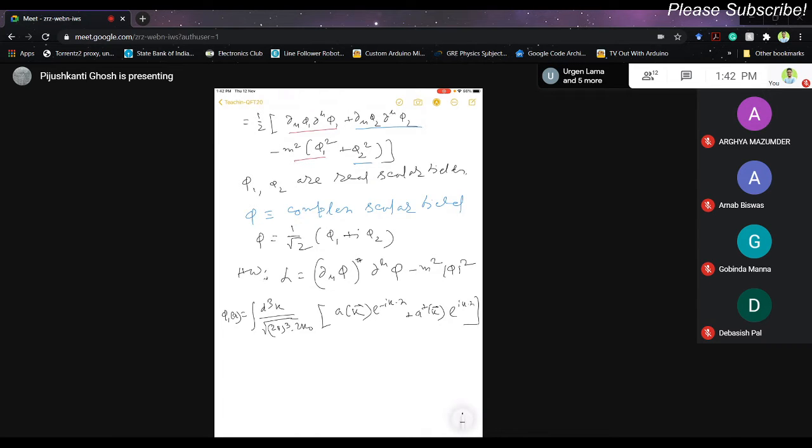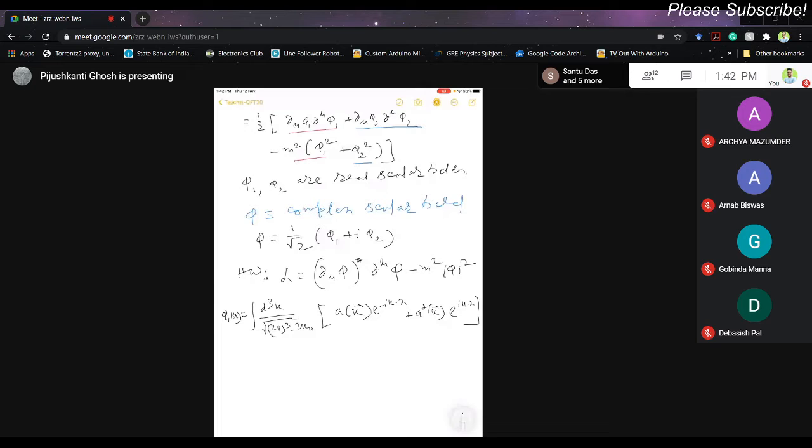Okay. Now think of, again, the harmonic oscillator case. Suppose you have x degrees of freedom and y degrees of freedom. If you define the annihilation and creation operators as a and a dagger for the x degrees of freedom, then for the y degrees of freedom you have to define something new, not a and a dagger, but b and b dagger. Okay.